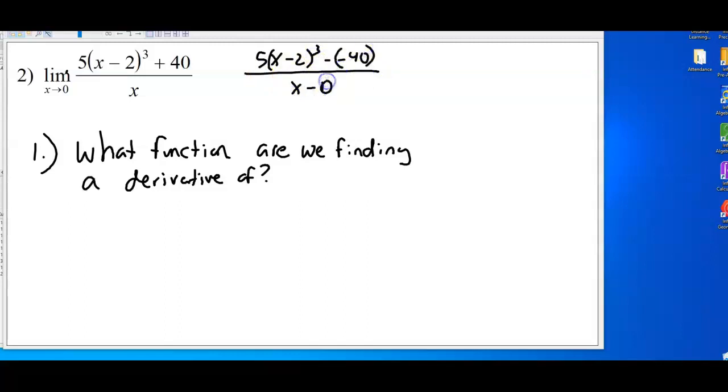I'm sorry, that's supposed to be a 0. So you could rewrite it like that if you wanted to. And now it looks more like the limit definition of a derivative, right? And so now we can see that my f of x is this, my f of c is this, here's my x, and here's my c. So the function I'm finding the derivative of is this guy right here.